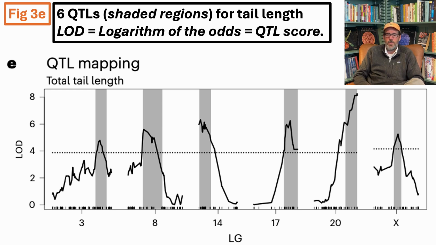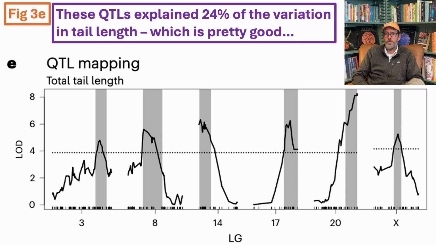If you intersect it all the way down on the x-axis, that's the region of the genome where you'd expect the gene or genes that control tail length to reside. So this is narrowing down the scope of the entire genome to just a smaller area to look for genes, and we'll see how they get to HOXD13 in a lot of this presentation.